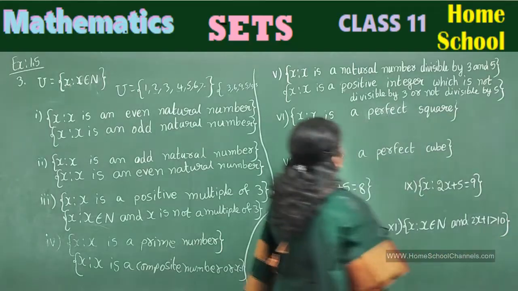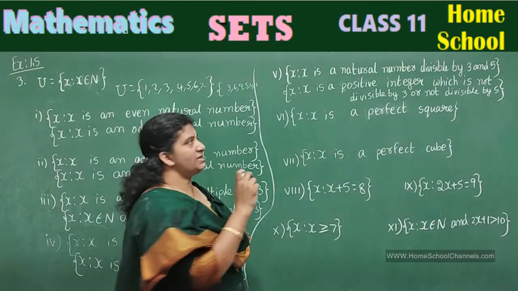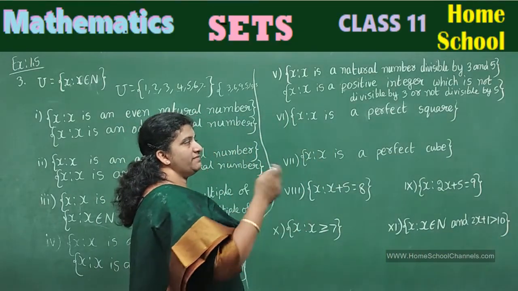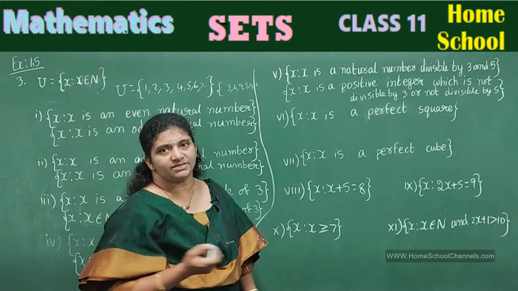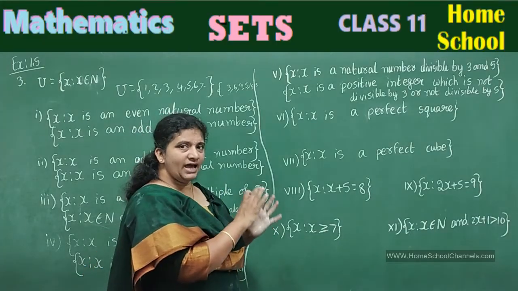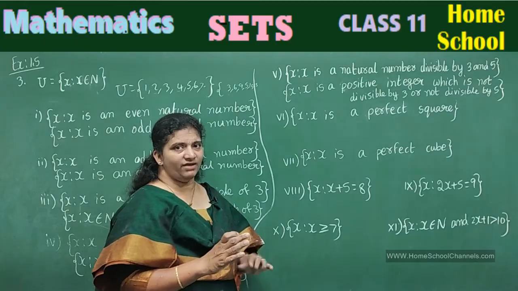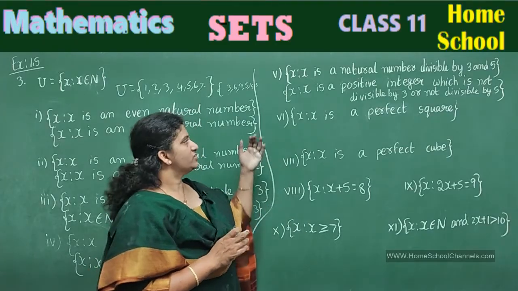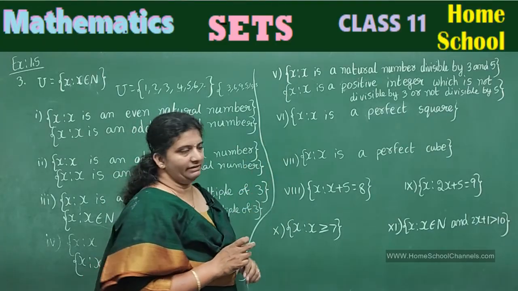See here, x such that x is a positive integer which is not divisible by 3 or not divisible by 5. Other than those divisible by 3 and 5, we need to write the complement. So we need to write the statement in this manner.